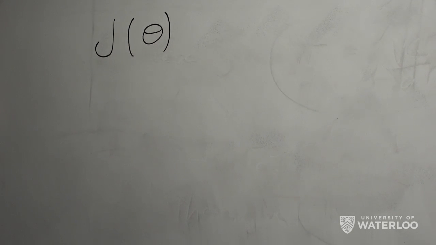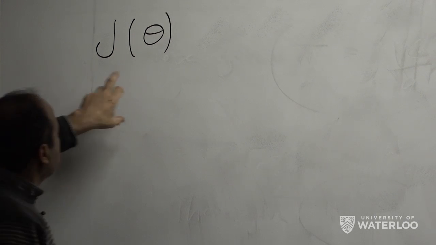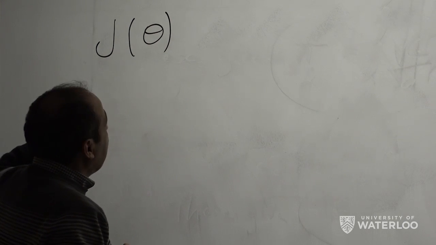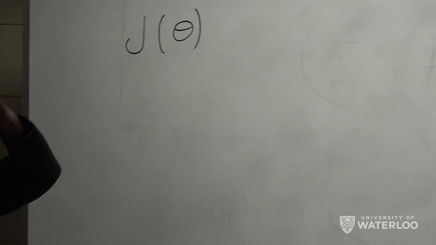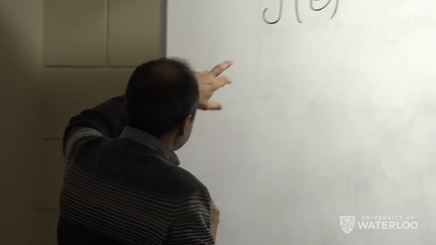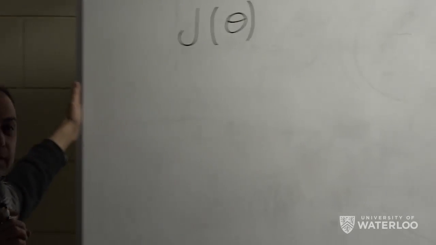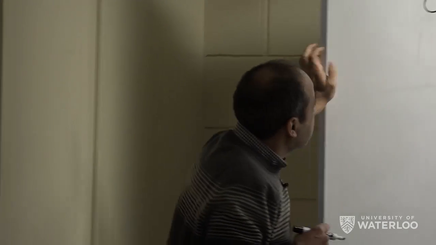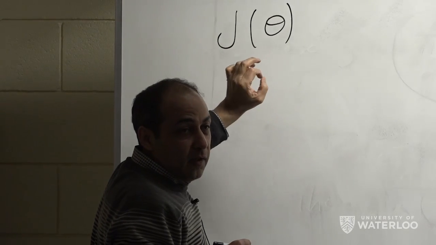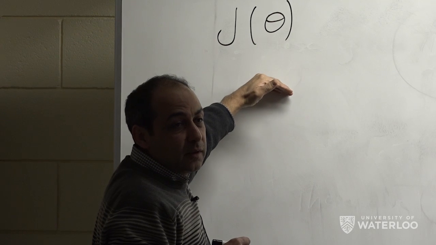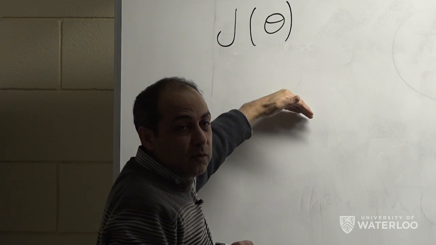It's also a function of input, like x and y, the target variable. But it's a function of theta. And what I do is take the derivative of this objective function, set it to 0, or use something like gradient descent to minimize this. Do you remember the Taylor expansion? You can expand any function in the neighborhood of any point. So suppose that the optimal solution of this objective function is W star.